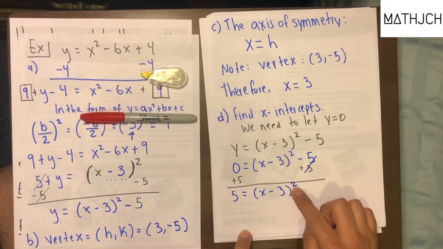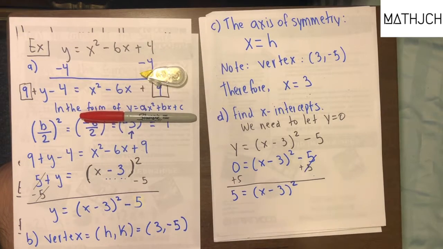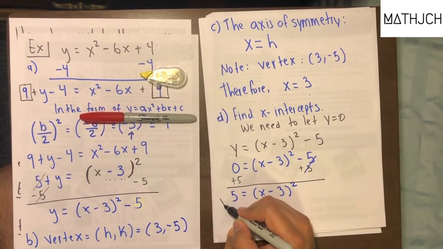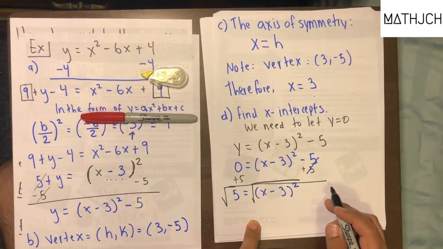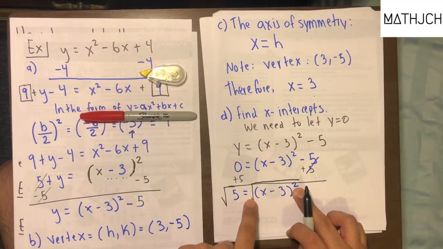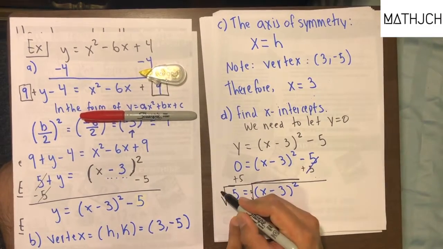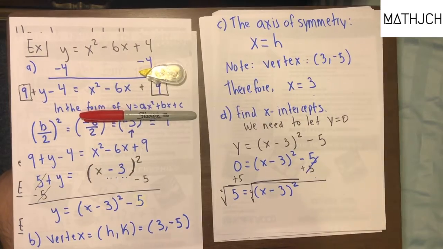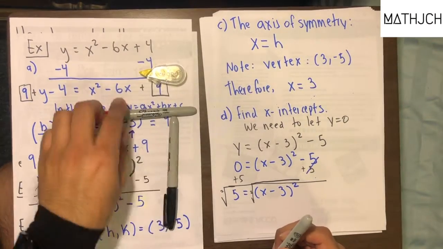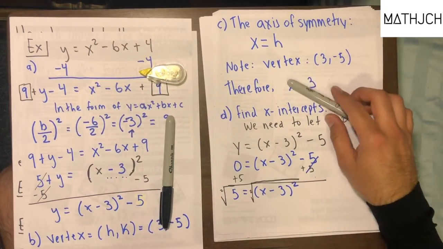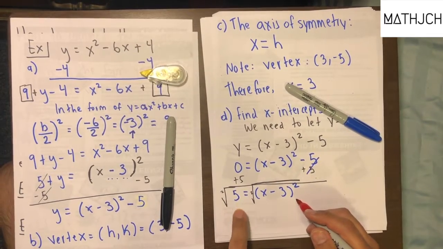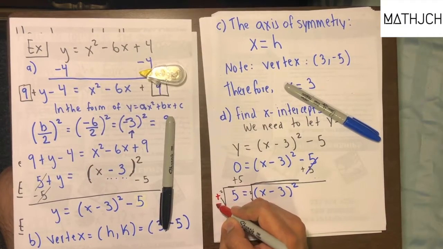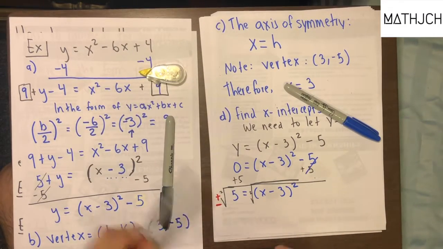Now, we need to somehow get rid of this power 2 right here. And how do we get rid of a power 2? Simply by square rooting both sides. Because our power is 2, our index should be 2 as well, both sides. And don't forget, this step is very important. When we square root the number, we have to add a plus or minus to the number, okay?